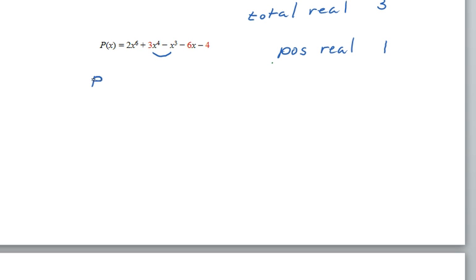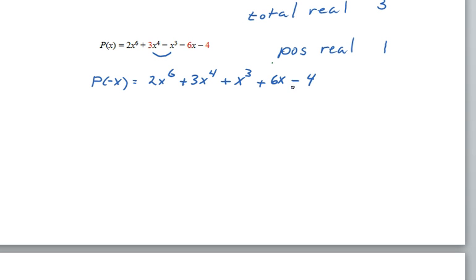For p of the opposite of x, we'll continue to have 2x to the 6th and plus 3x to the 4th. But the minus 1x cubed will become a plus 1x cubed, and the minus x will become a plus x, and then we'll have a minus 4.